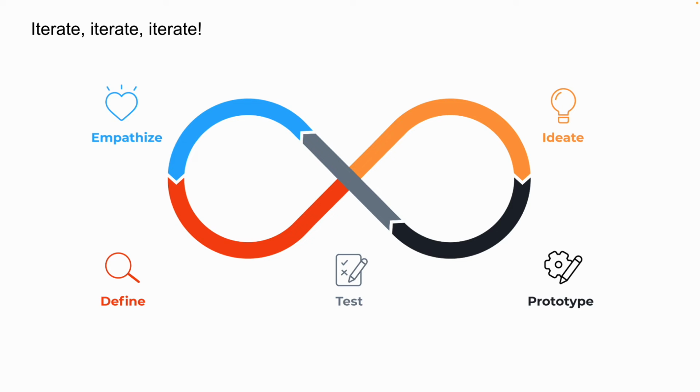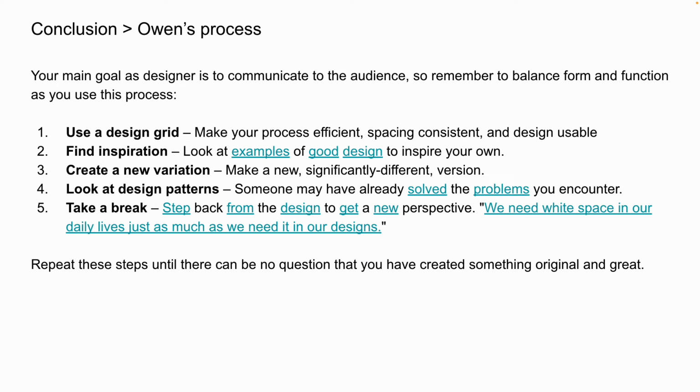Yes? About how much time do you think it should take for us to be doing these projects for this class? Well, it's a complicated answer, because if your creative process is super fast or super slow, then that's going to change, right?